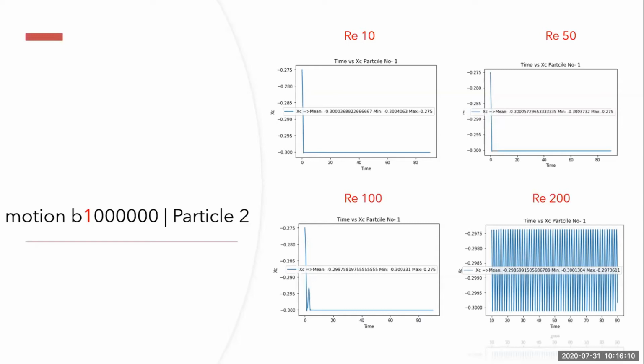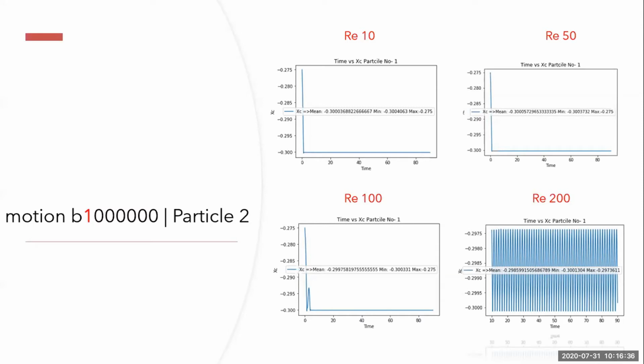That means a simulation where the 3 particles in the middle are able to translate in the x-axis, and the first and the last particle stay constant throughout. You can see in the first 2 graphs, Reynolds number 10 and Reynolds number 50, particle 2 just instantly goes to the left and stays constant throughout the simulation.